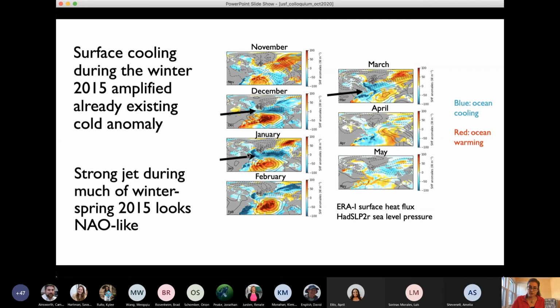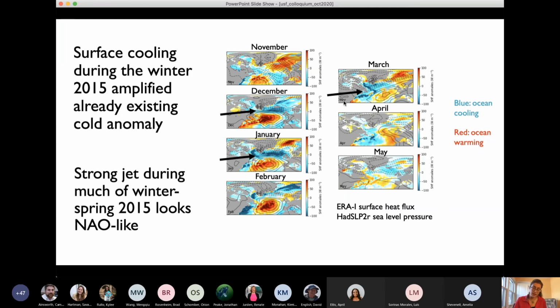So what you can see is you have really strong winds from west to east in January, December, and March. And those winds are associated with really strong upward surface heat fluxes. So you're cooling the ocean in December, January, and March due to the turbulent heat fluxes, or at least that's kind of what this look at the observations suggests.